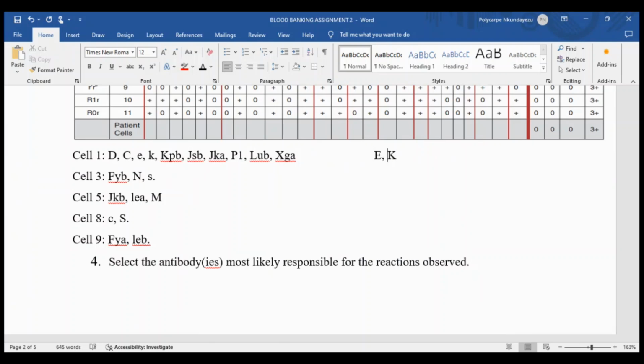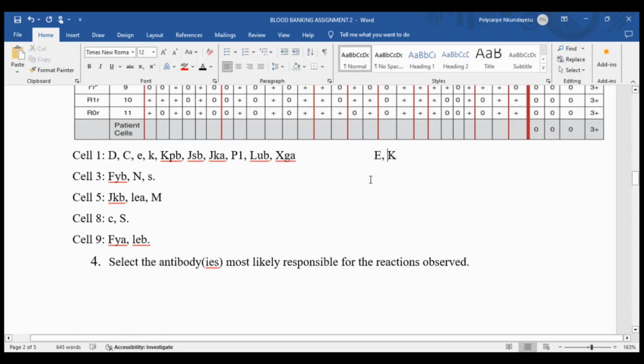So in this case, CW may not be responsible because it is an antigen of low prevalence, but it doesn't exclude the fact that CW is still significant when it is available. But in our case, examining our panel shows that CW is not really responsible for the reaction observed, right?